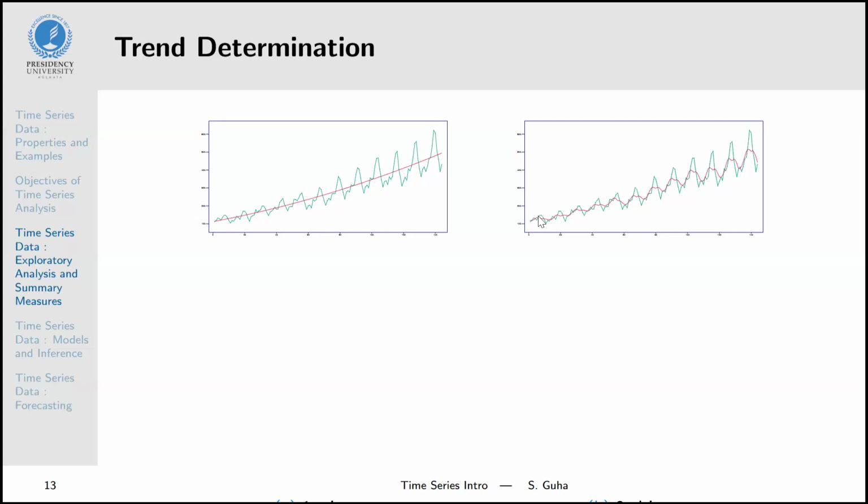Actually, the problem is that on the right hand side you won't be able to do forecasting. On the left hand side you have a formula, like A plus BT, and suppose you put T equal to 1000. That means at the 1000th day it will give you some value. That value may not be good, but at least you will get something. But on the right hand side you won't even be able to get any value. So that's the main problem. Got it, sir. Thank you.